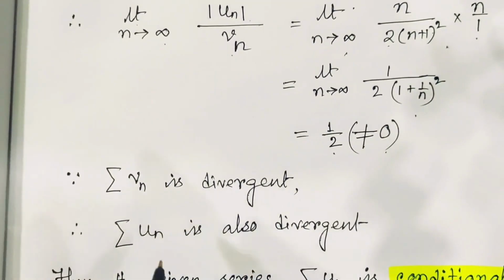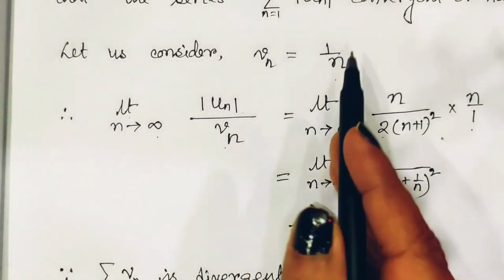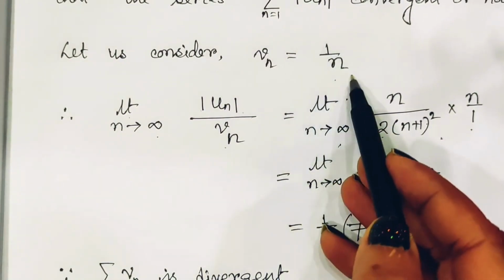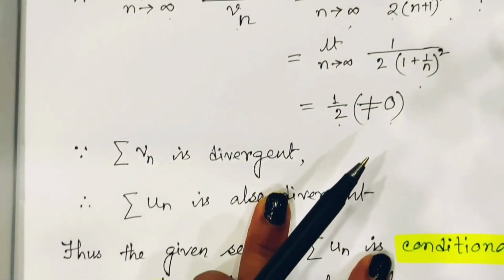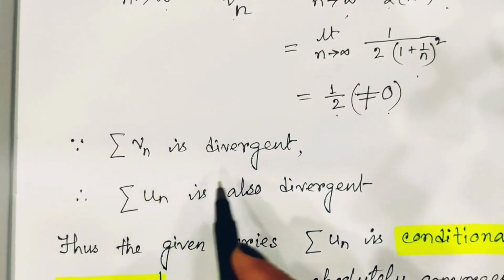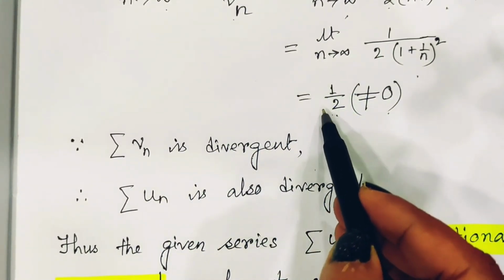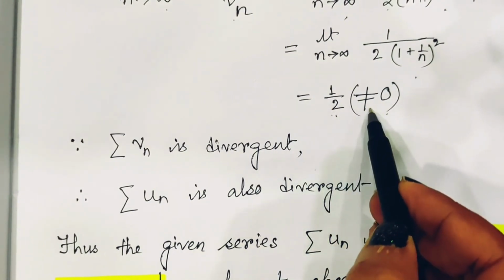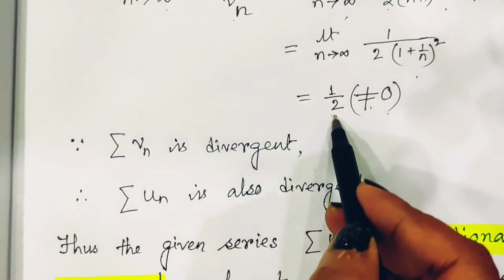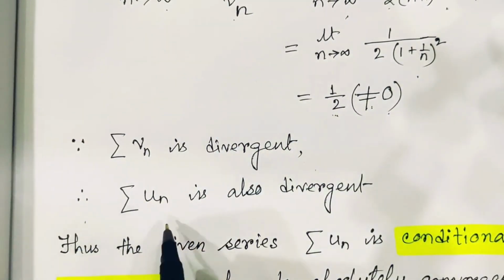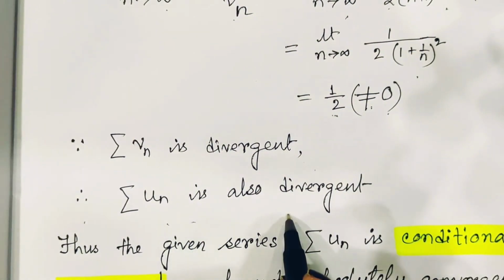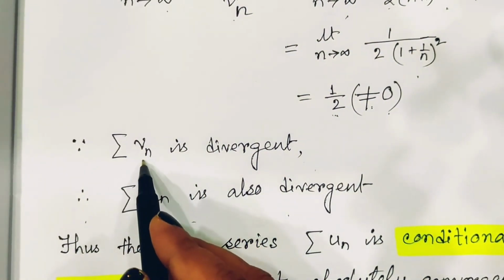So v_n is equal to 1 by n, which we know is a divergent series. Being a divergent series, v_n is divergent. Here the limit is non-zero and finite, so we can say mod u_n is also divergent by comparison with v_n.